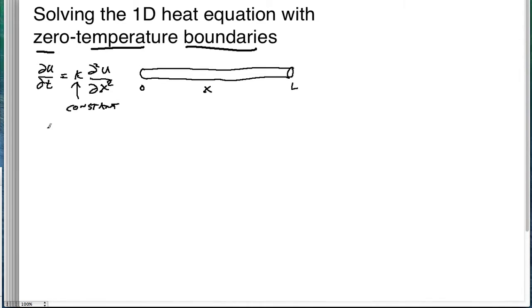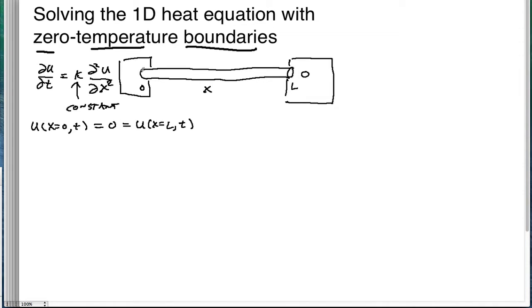We have boundary conditions: u at x equals 0 for all time, and u at x equals L for all time. So the boundaries are going to be 0. We have 0 out here for our giant heat bath, and also 0 out here on that heat bath.